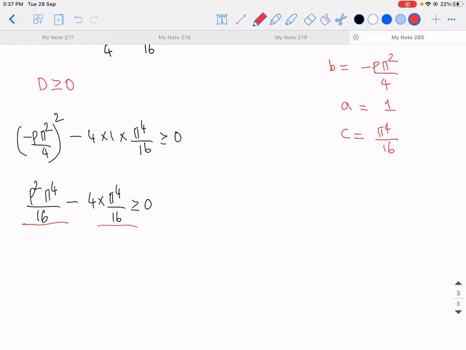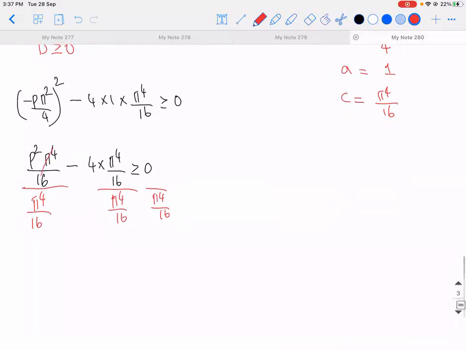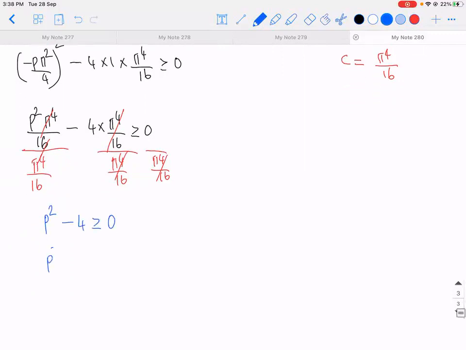We can divide both sides by pi raised to 4 by 16. So this got cancelled. Anyway, 0 divided by pi raised to 4 by 16 is 0. So it eventually becomes p square minus 4 greater than or equal to 0, or p square greater than or equal to 4. So we have now simplified to a quadratic inequality.